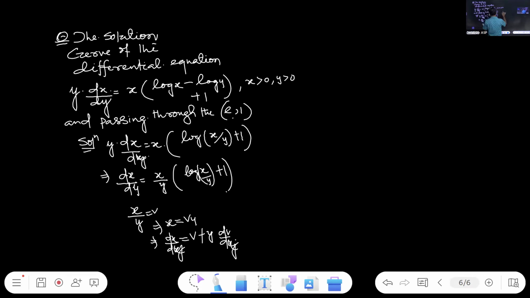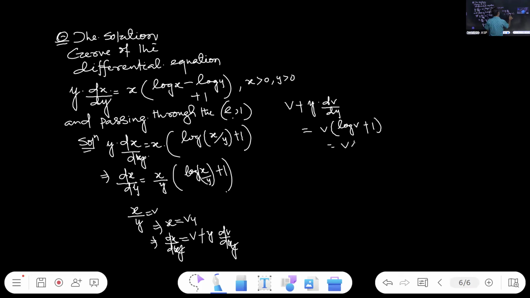So v plus y dv upon dy is equal to v into log v plus 1.